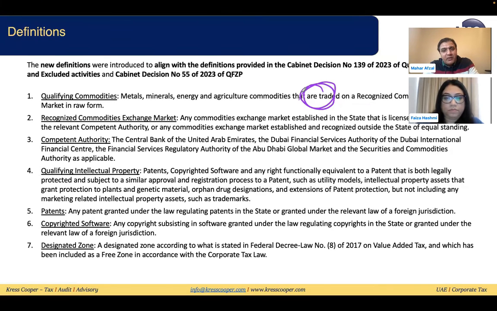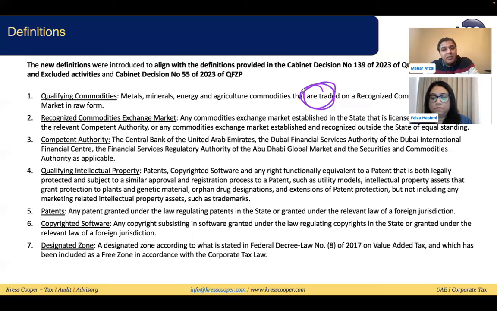If the qualifying free zone person is buying or selling any qualifying commodity outside of the recognized stock exchange, it will not be considered qualifying income. The recognized stock exchange definition they have given: this is a registered stock exchange in the UAE or out of the UAE based upon specific criteria.